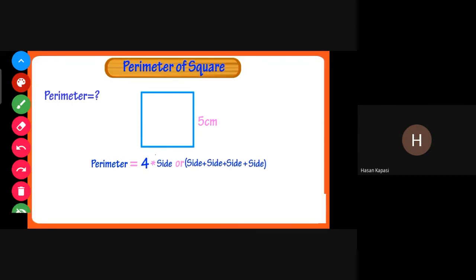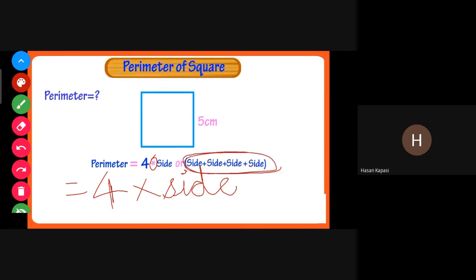So this is multiplication, means 4 multiplied by whichever side is given. And if you want to find it without the shortcut, then addition of all sides. So both are given. So if we use this, then what will be the answer?